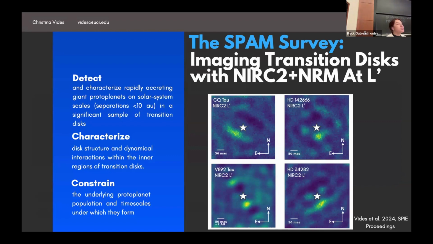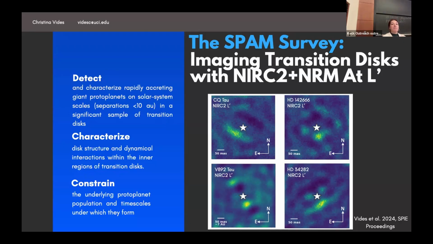The goals of the survey are to detect and characterize rapidly accreting giant protoplanets in a significant sample of transition disks. So we have imaged 30 transition disks around Herbig Ae stars and T Tauri stars. We'd also like to characterize disk structure and dynamical interactions within the inner regions of transition disks. And we'd also like to constrain the underlying protoplanet population and timescales under which they form.